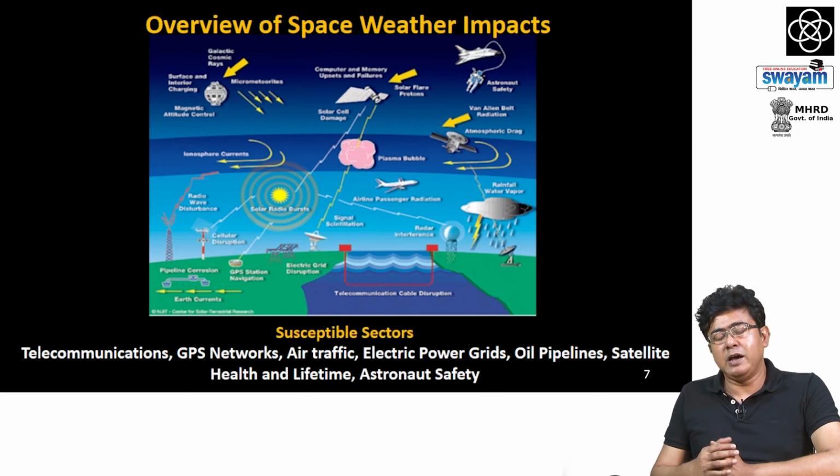If you have a human spacewalk going on during the solar storms, then astronauts may be exposed to severe doses of high energy radiation, which is not desirable, and therefore, it is important to be able to understand and predict this variable space weather out in space for protecting our satellite technologies.